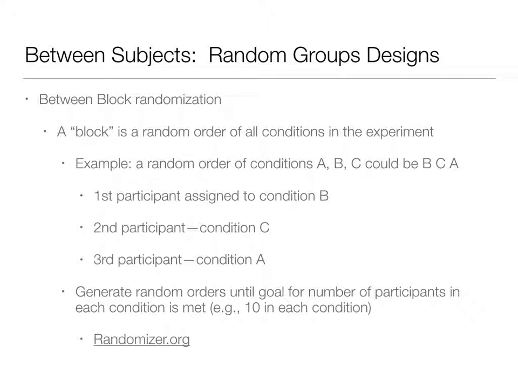So again, you're having random assignment, everybody has an equal chance of getting into group A, B, or C, but we're also making sure that group A has the same number of participants as group B, that has the same number of participants as group C. So this is how we do block randomization for restricted random assignment in a random groups design.